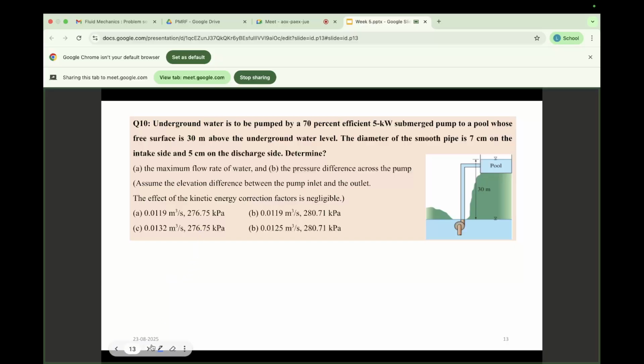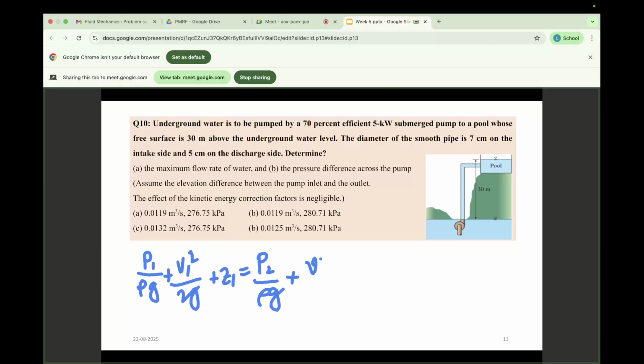So from this Bernoulli's equation I can write P1 by rho g plus V1 square by 2g plus Z1 equal to P2 by rho g plus V2 square by 2g plus Z2. Okay, so that is the thing here. So what has been given in this question?